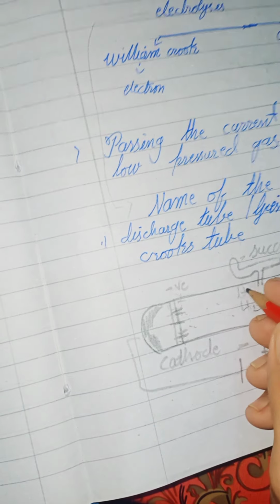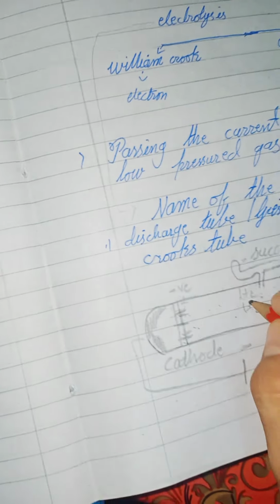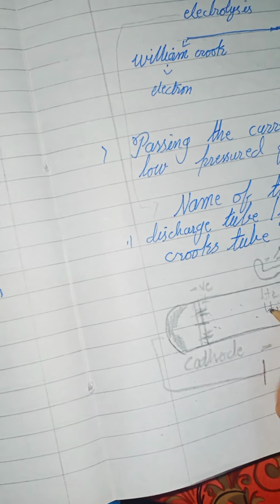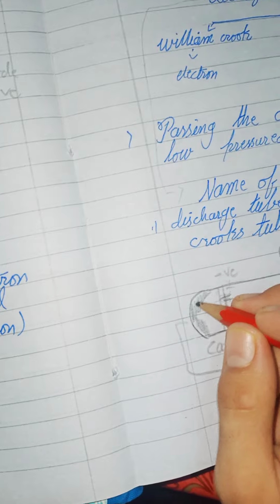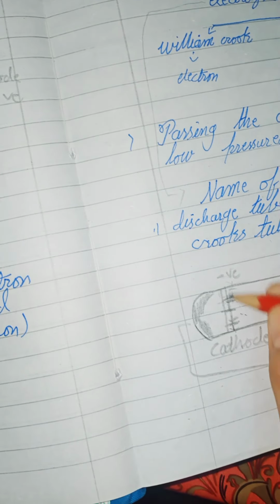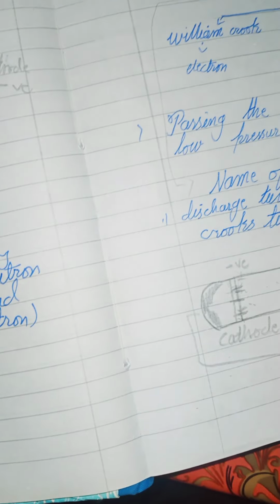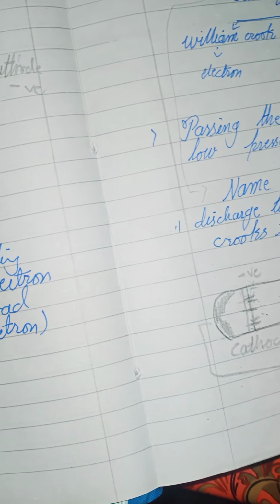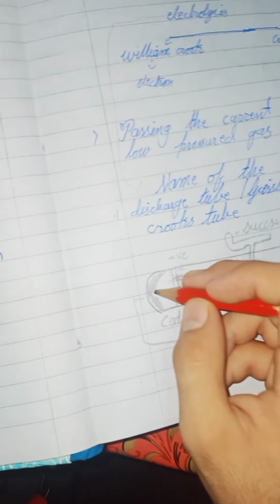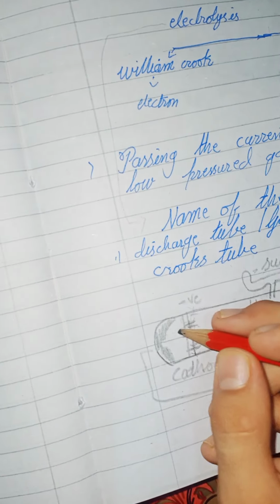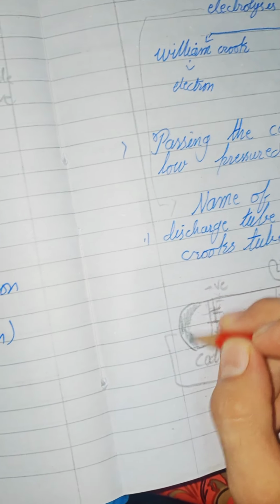As we know, hydrogen doesn't have any neutron, so it's just a proton. They run to the negative side. There were holes, and because of those holes, the protons, the positive rays or particles, were striking this zinc sulfide.